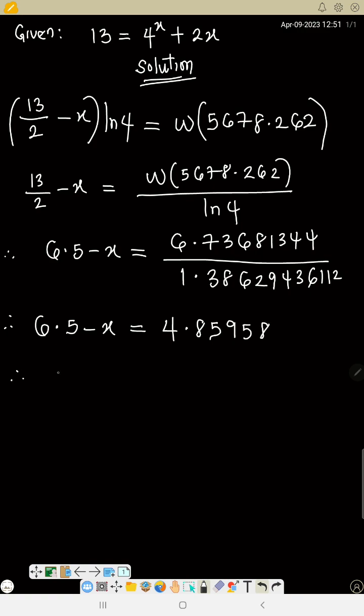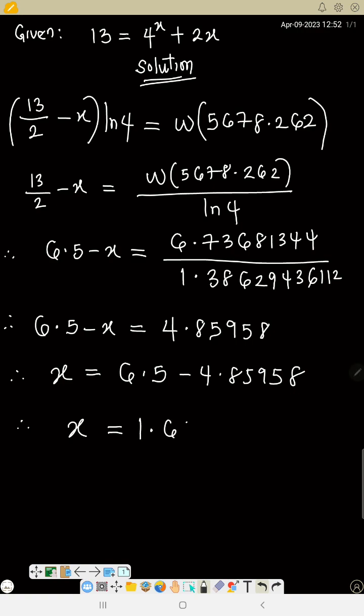Collect like terms. So s is equal to 6.5 minus 4.85958. So s is equal to 6.5 minus 4.85958, which is 1.64042 approximately. So this is approximately the answer.